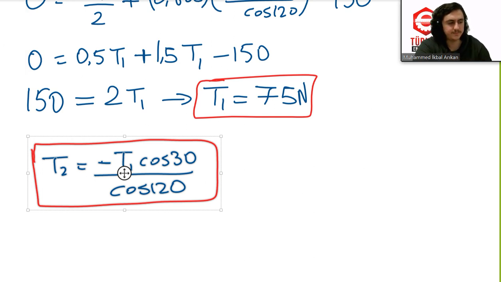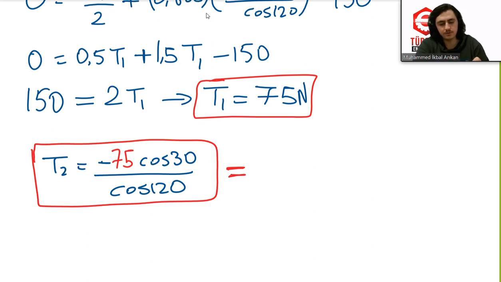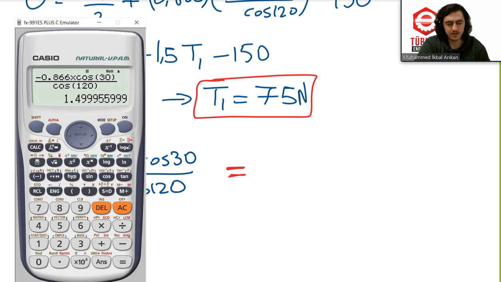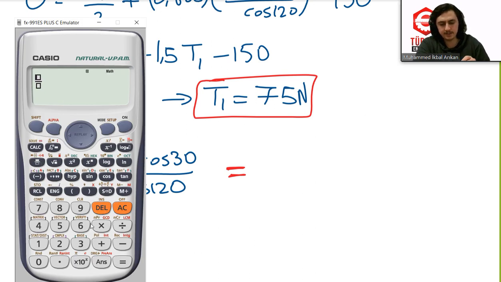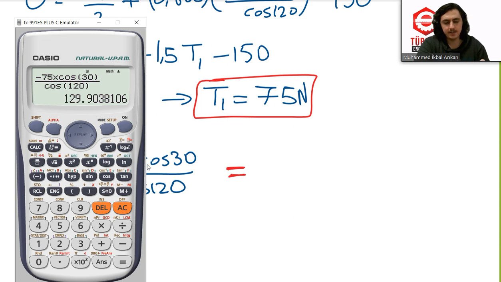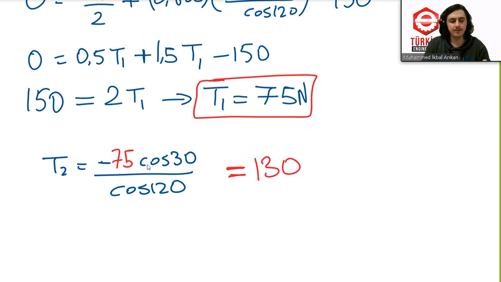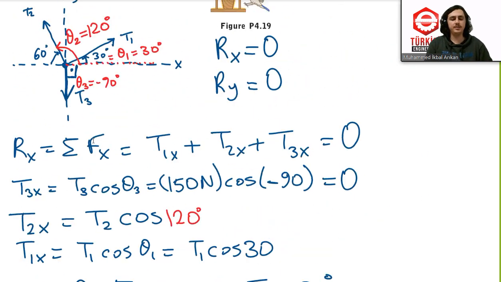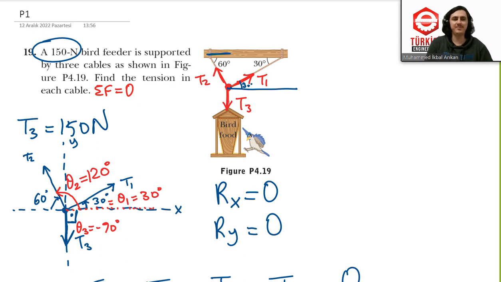So I will erase T1 and put the value which I calculated. So T2 will be equal to minus 75 multiplied by cosine 30 divided by cosine 120. So I will get 129.9, let's say 130 Newton. So now I know the second tension force and the first one, and actually the third one is given. So I finished the problem.